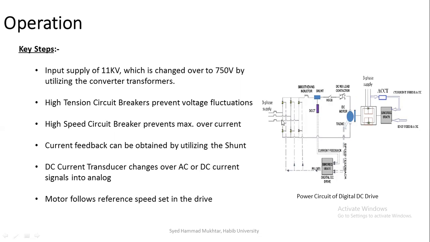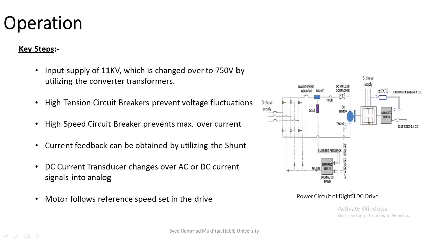So the current feedback can be obtained by utilizing the shunt, while the DC current transducer changes over AC or DC current signals into analog. Now this analog signal gives two outputs. One is sent as current feedback to the current regulator over here, and the other is associated with the overcurrent tripping unit for quick overcurrent tripping.